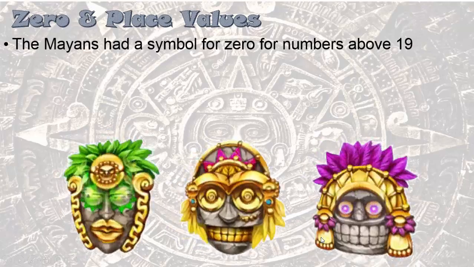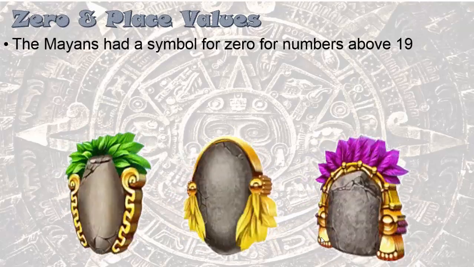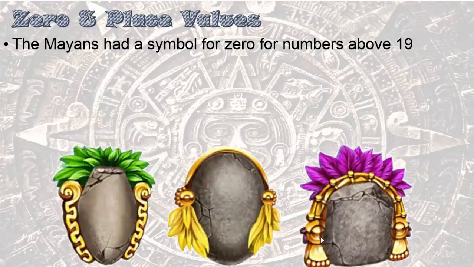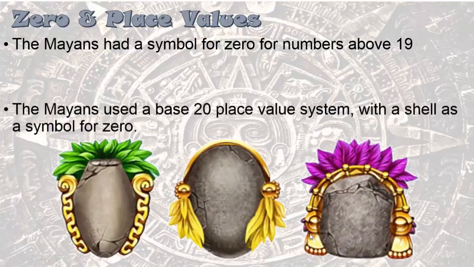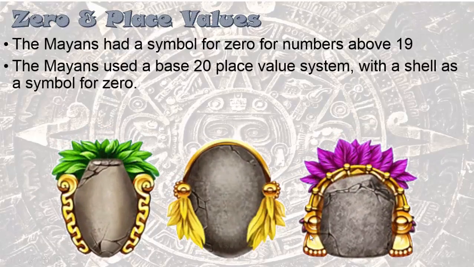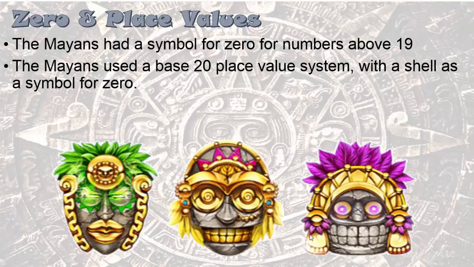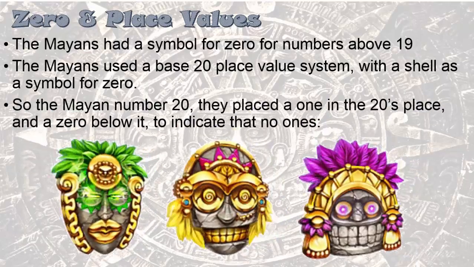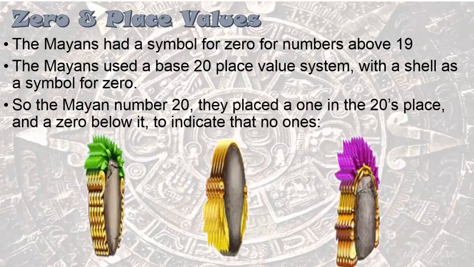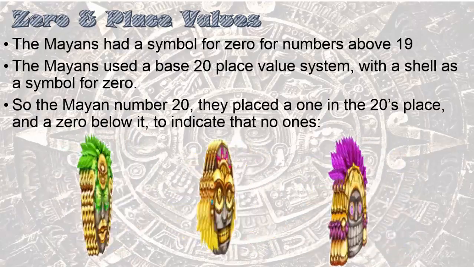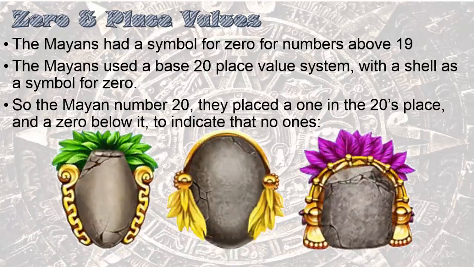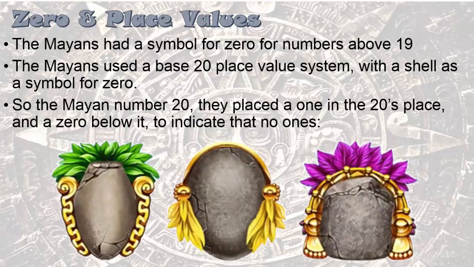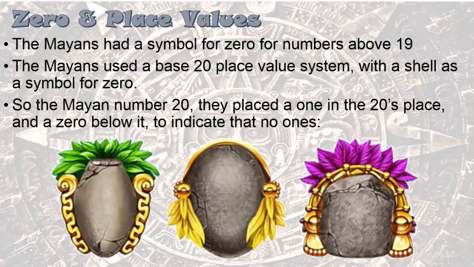The Mayans had a symbol for 0 for numbers above 19. The Mayans used a base 20 place value system with a shell as the symbol for 0. So for the Mayan number for 20, they placed a 1 in the 20s place and a 0 below it to indicate that there are no ones.